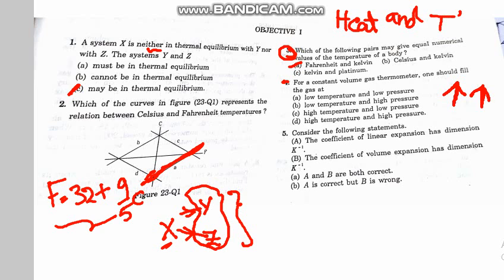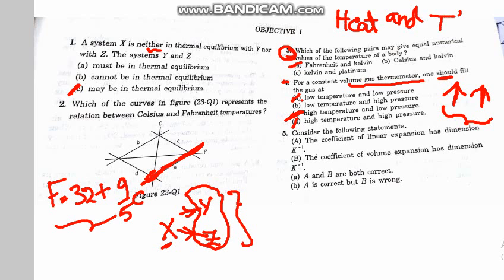So we should fill the gas not at low temperature and low pressure, and not at high temperature and high pressure, because these two are not applicable. We have to compromise between these two, where one is high and one is low. The most proper option is high temperature and low pressure.